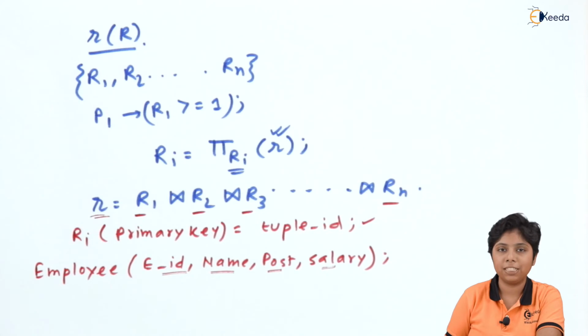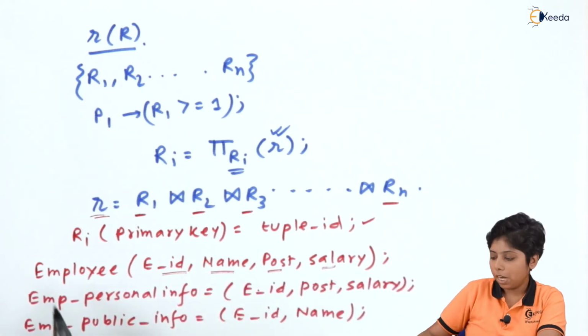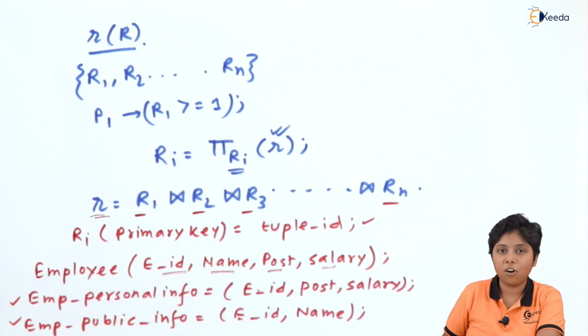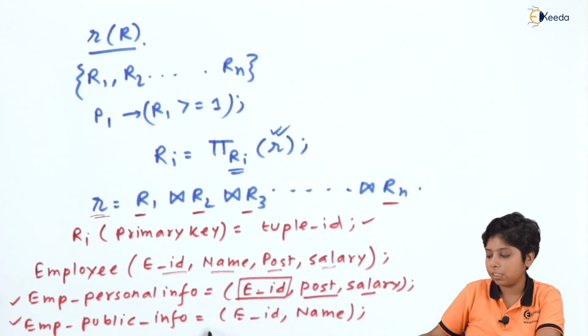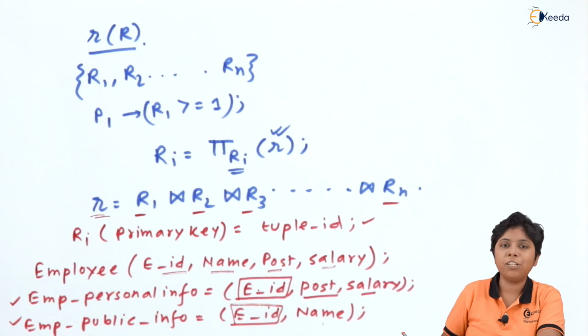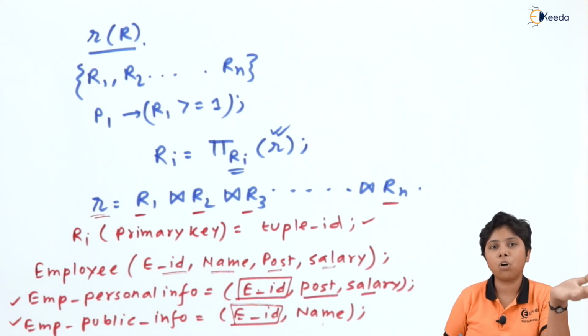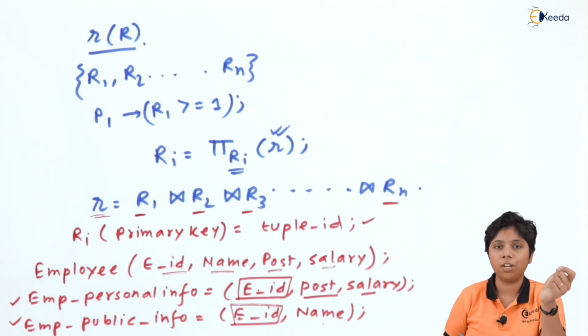So these two relations are fragmentations where the personal info consists of the post and salary of an employee with the EID being the primary key, as well as the public info where we have the EID and its name. That means for security reasons, we need to build a logic behind fragmenting a relation. Say for security reasons, we do not want the post and salary of an employee to be disclosed to everyone.